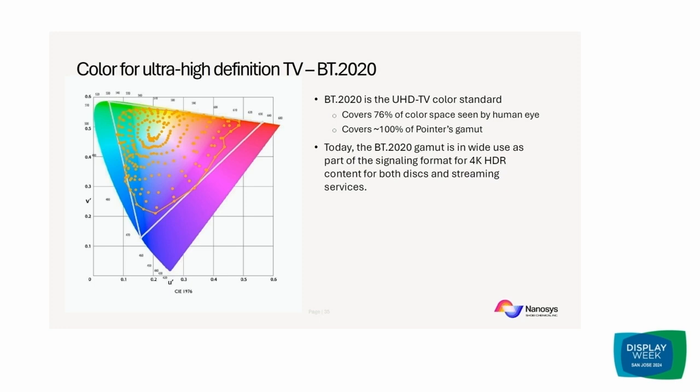It is currently used for ultra-high definition TV in terms of their coding for it. And it's something a lot of people in 4K HDR content are referencing. So you'll also see displays right now quantifying what percentage of BT 2020 color space can be recreated by a display.